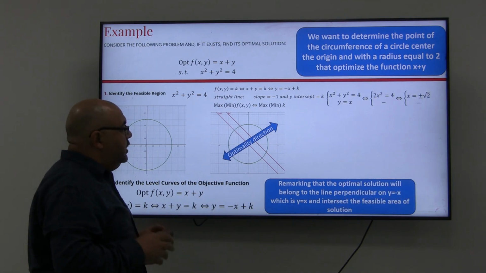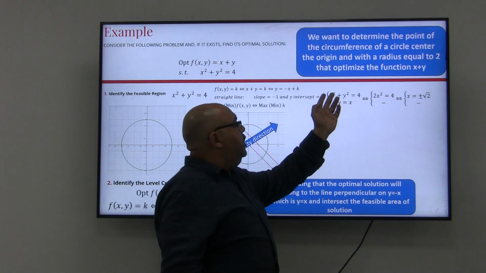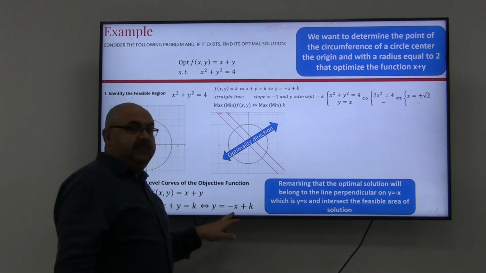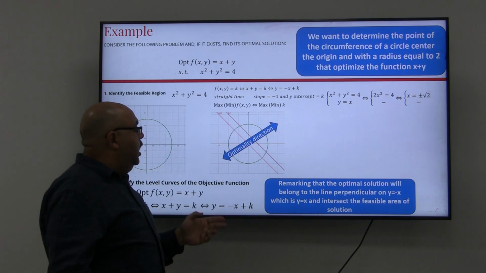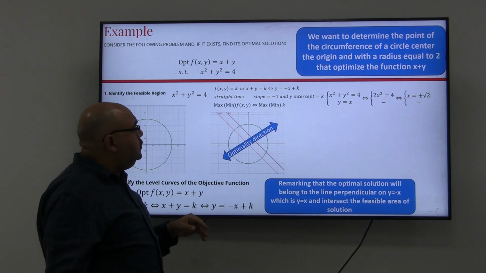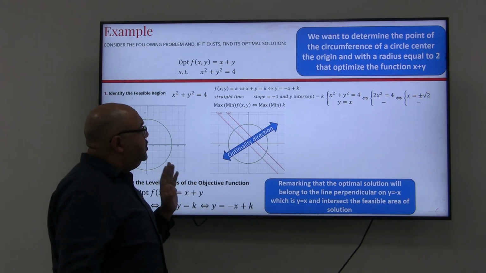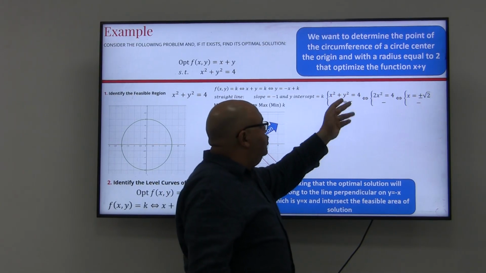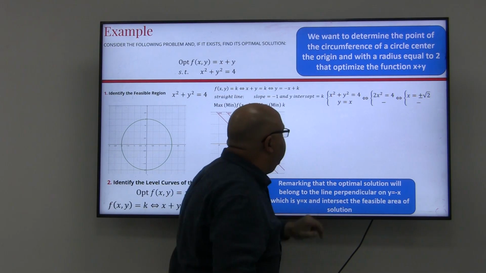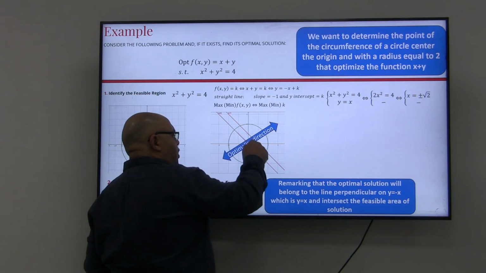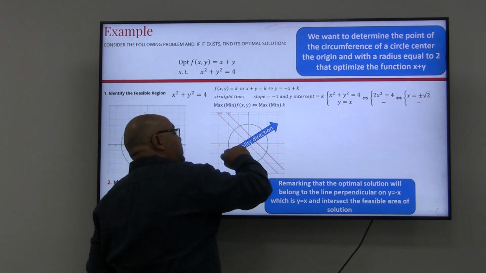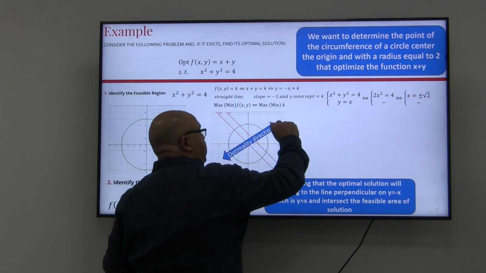In order to do the calculus of this issue, it's really very simple. All I have to do, as I told you, this is my function, x squared plus y squared equal to 4. I will start with the level curve 0, which is y equal to negative x, and use y equal to x, the perpendicular direction, which is the direction of the increase.